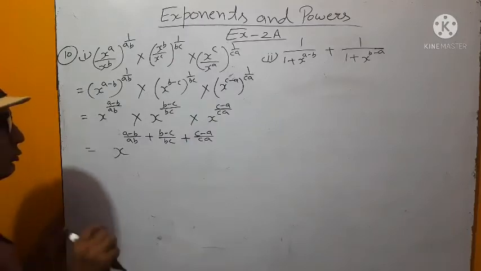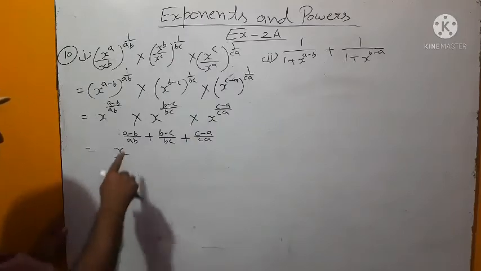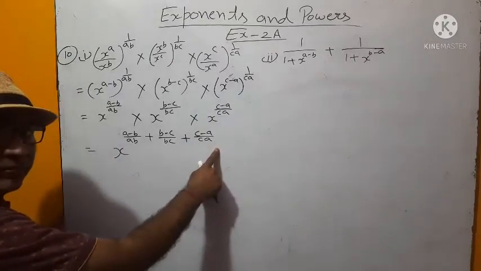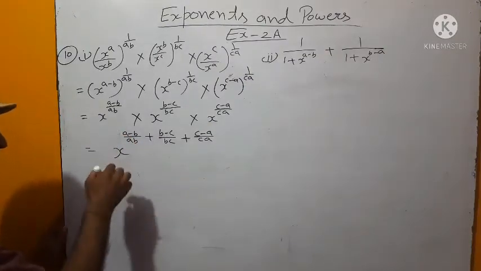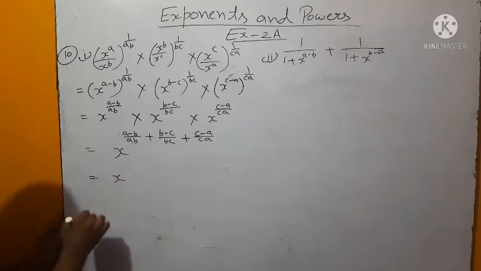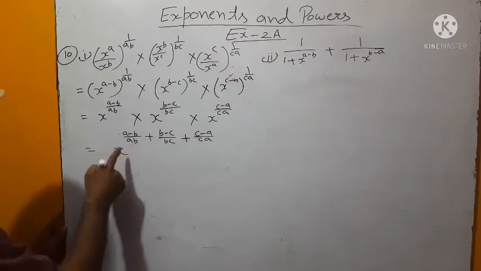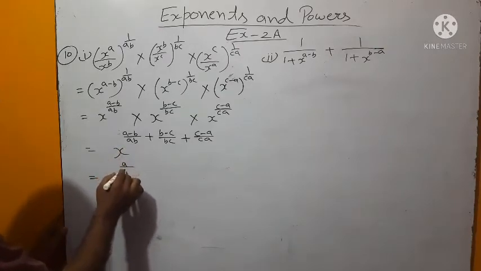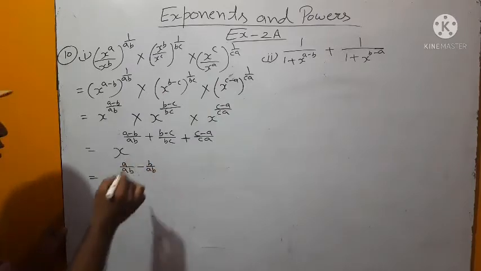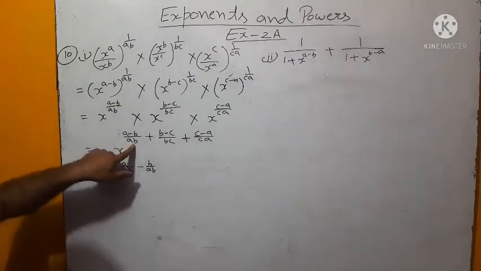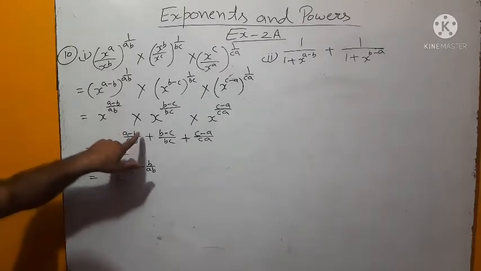Children, now there are two methods. One, you can take the LCM and then you can solve. And second one, which I am going to do here, write it separately. Separately means it can be written as a upon ab minus b upon ab, because this ab will divide a also and it will divide b also.